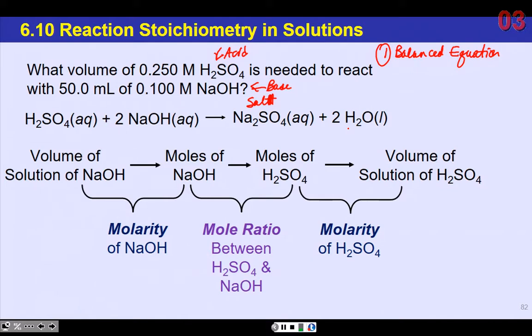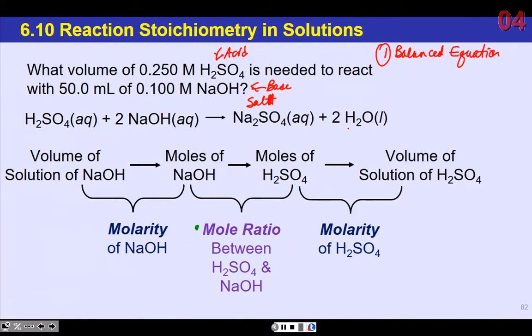Now, what we have to think about is the volume of the solution of sodium hydroxide that is available, which provides us the moles of the sodium hydroxide that are reacting. And then if you know how many moles of sodium hydroxide are reacting, you use the mole ratio between the sodium hydroxide and sulfuric acid to determine how many moles of sulfuric acid are needed.